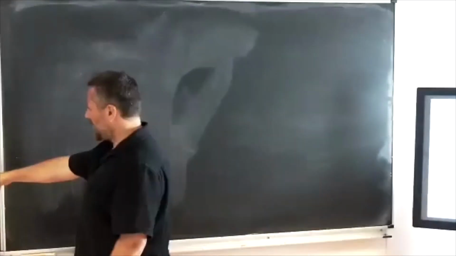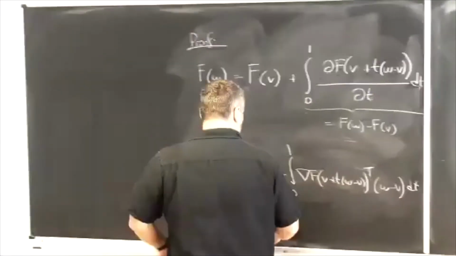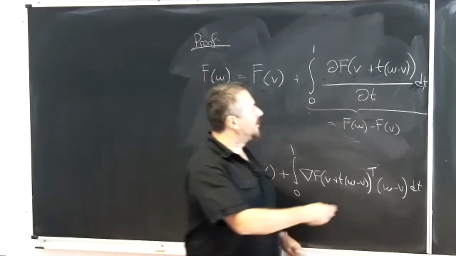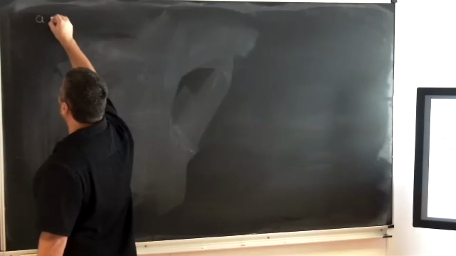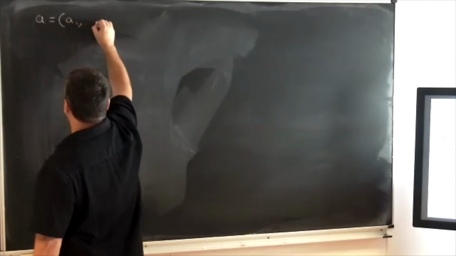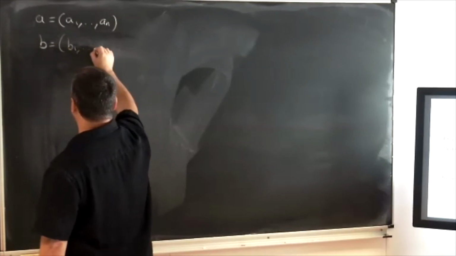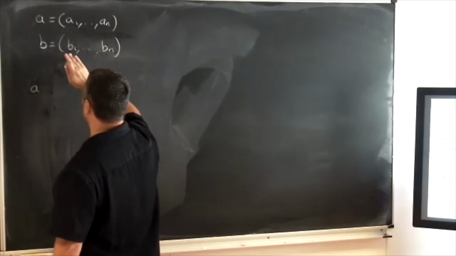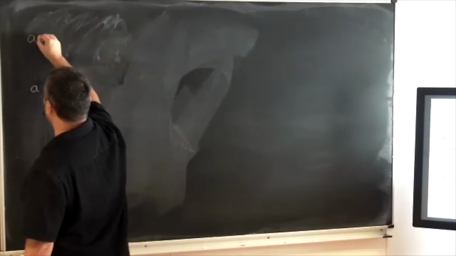What is this notation? This is just an inner product. This is the notation that I'm going to use. Let's say you have a vector a1 up to an, and b, which is b1 up to bn. I'm going to think about vectors as columns.